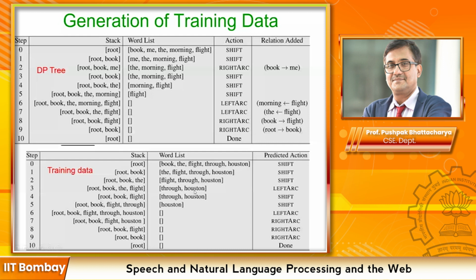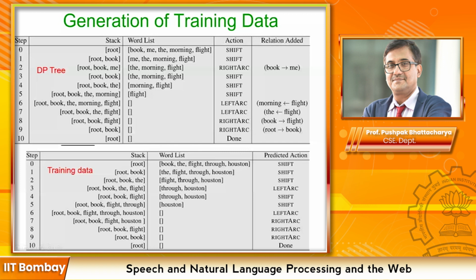What is the reason? The reason is that there are more words in the sentence, and I know by looking at the dependency tree that book has dependents. I see it in front of me on the dependency tree. From book, there is a dependency arc going to flight, and from flight again, there are dependents.